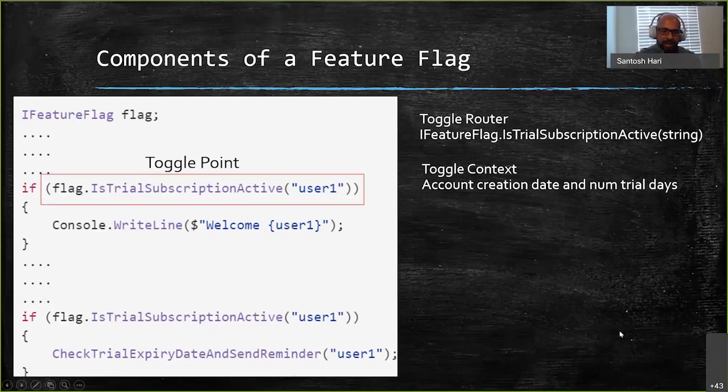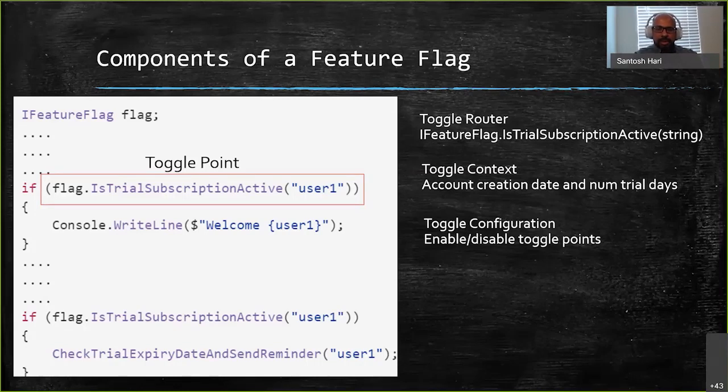And finally, on the previous screen, you saw the appsettings.json file with the config. That is the toggle configuration. Some of the other things that could exist in the toggle configuration are things like, let's say your toggle uses a database.